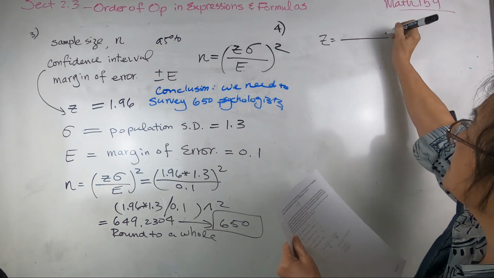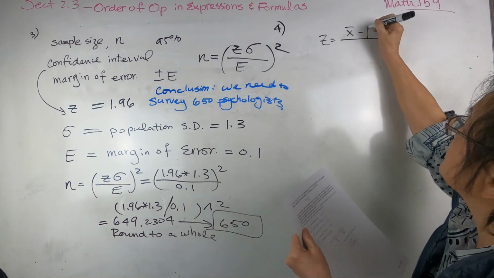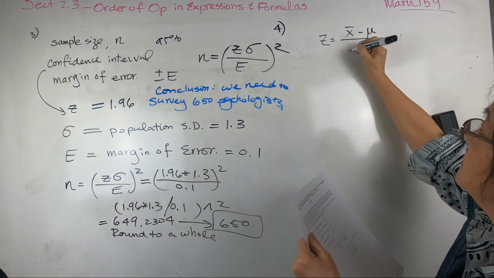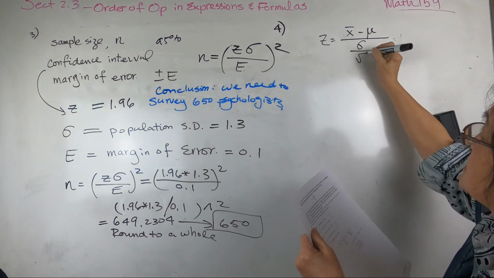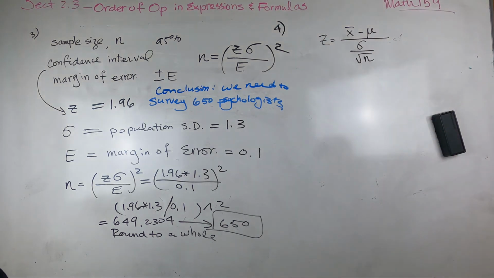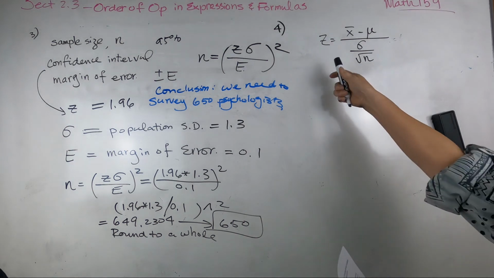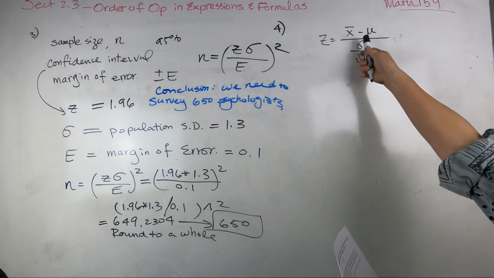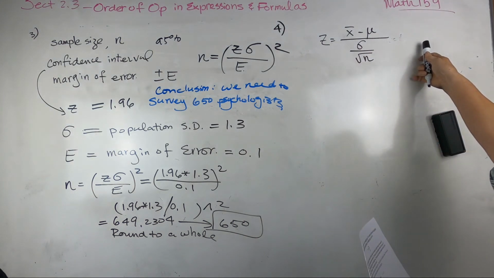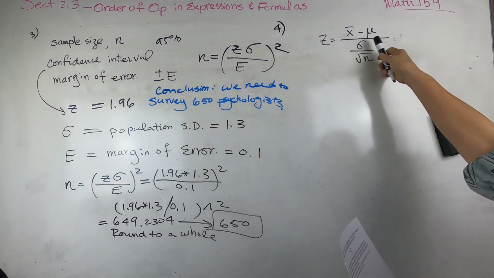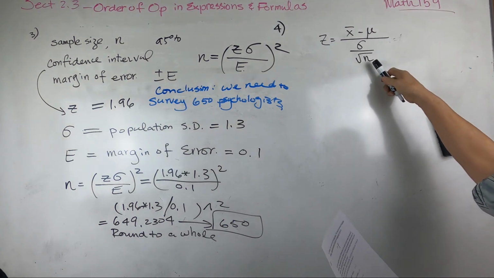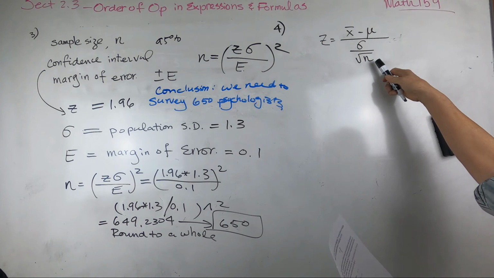So you will be given a formula. In stats class, you will need to remember the formula once you understand its meaning later, but now it's given to you. The z-score will be calculated this way: x bar minus mu, over sigma over the square root of n.